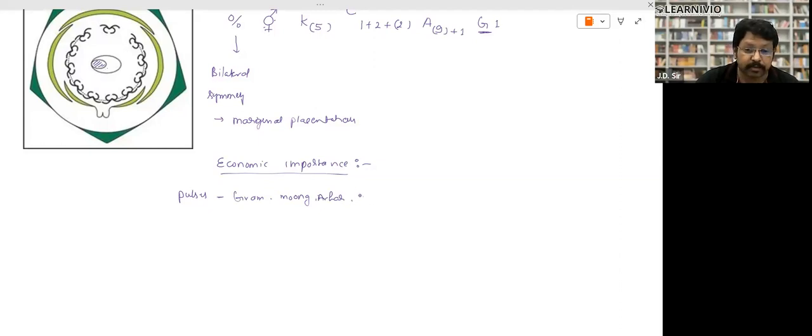Glycine max, soybean, and then in dye, indigo. You know indigo. This question I've been asked. Indigo belongs to which family? Indigo belongs to this Papilionoideae family, Fabaceae family, right?